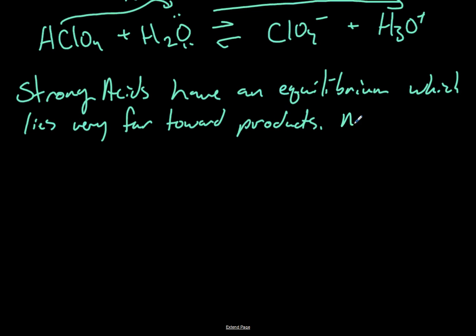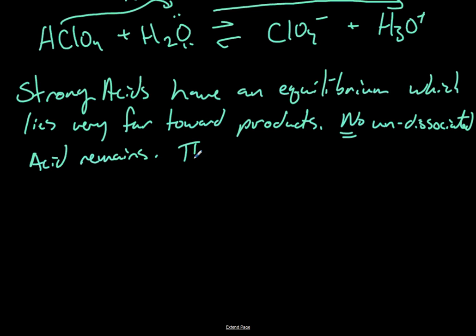Okay, essentially no undissociated acid remains, basically. I don't have enough room to write dissociated, but undissociated. So it's all over in this form. Does that make sense? You guys follow that? Okay.